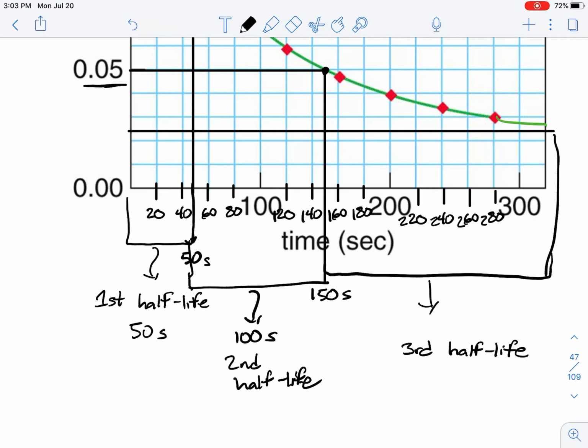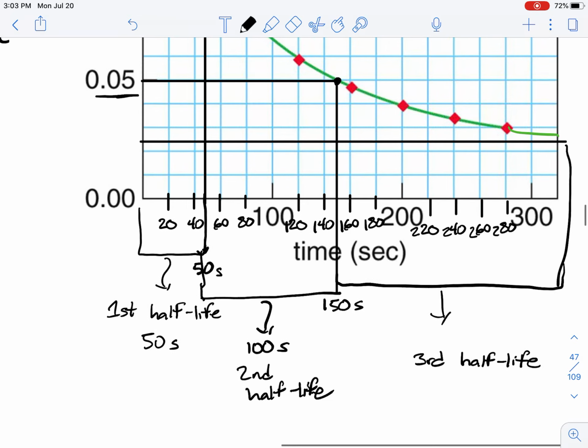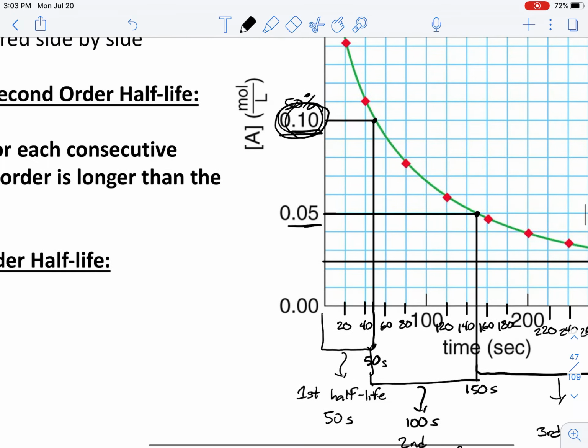So it looks like for second order, as you go from one half-life to the next, and the next, the amount of time it takes for the concentration to reach half of its original value takes longer and longer and longer. And that is characteristic of second order.